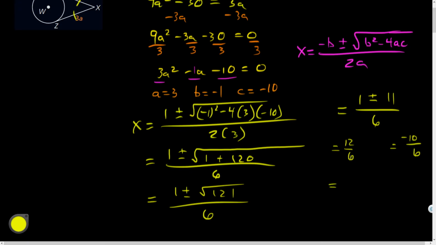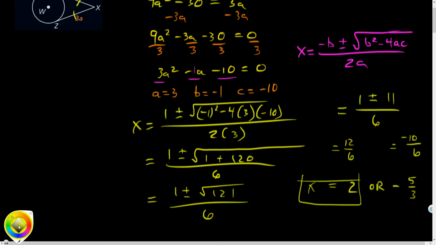So it looks like my answers are 2 or -5/3. And I've got a feeling that 2 is the only solution because 3a times -5/3 is going to be negative, and you can't have negative lengths in geometry. So a equals 2 is the answer.